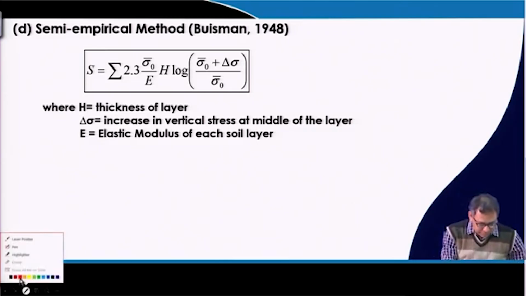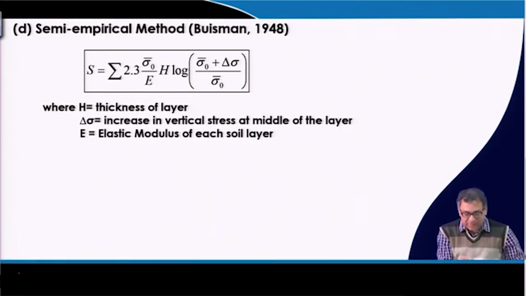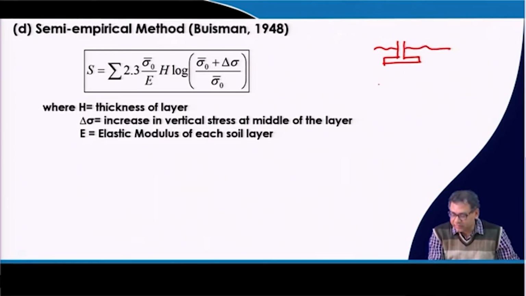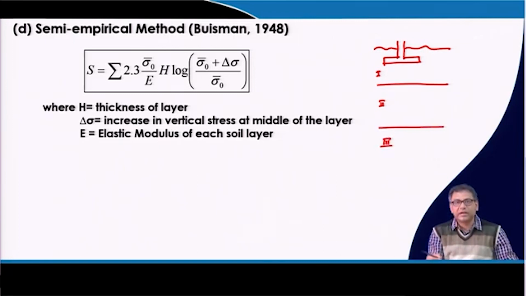Where we have a number of granular layers. So, this is the foundation, and this is layer 1, layer 2 and layer 3, which is the same as we did for the consolidation settlement case, or for the granular settlement determined by the SCPT or SPT test data.